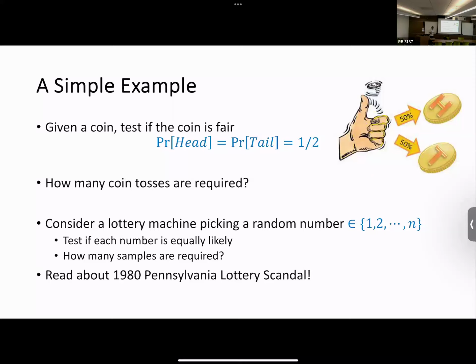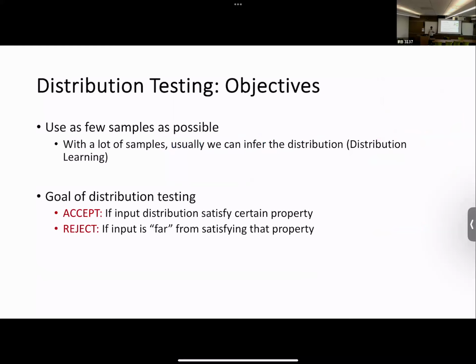Now if I ask you to do all these tasks, if you think for some moment, you will realize that it is almost impossible. If I ask you whether the probabilities of head and tail are exactly half or not, with this type of exact question, you cannot solve it with a few samples. So we slightly relax the problem.